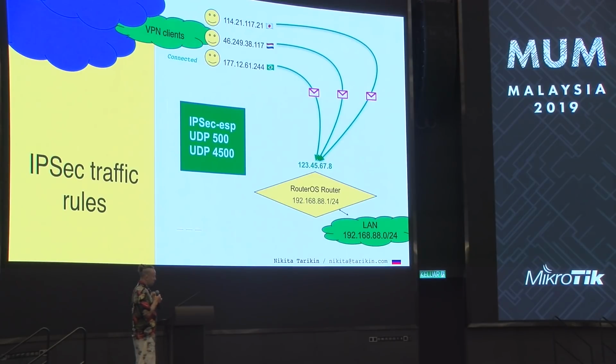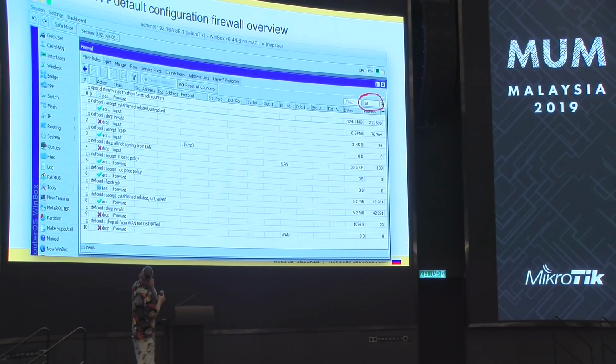There are 2 magic rules with IPsec in and IPsec out that are on in new default configurations. I think I can find it here. Yes, number 5 and number 6.